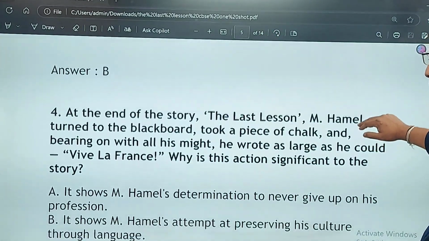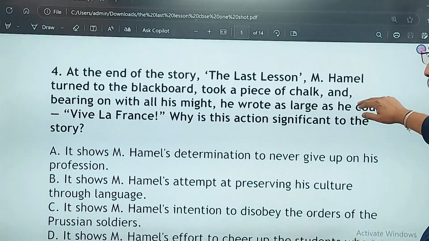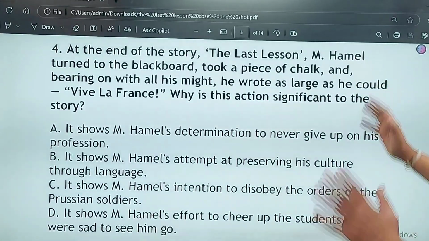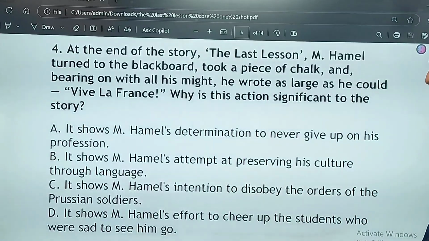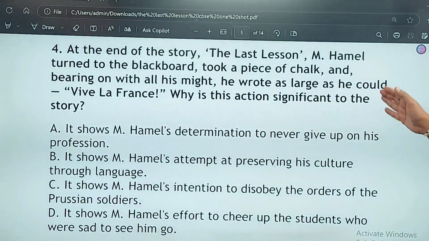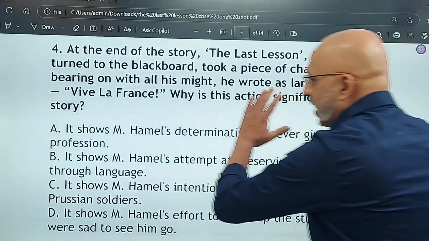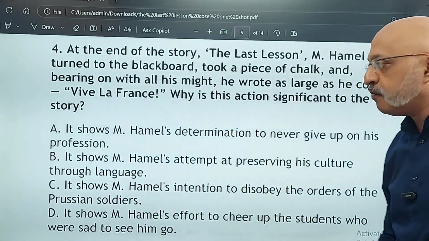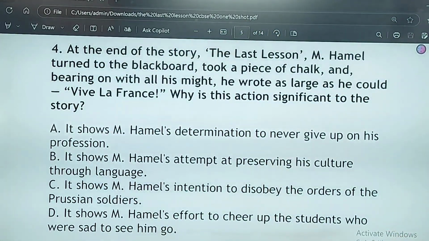At the end of the story, the last lesson, Hamel turned to the blackboard, took a piece of chalk and wrote. This is the last paragraph of the chapter. Why is this action significant to the story? Note the fact that he did that and wrote that on the blackboard. Why is it significant to the story? Does it show Hamel's determination? Does it show his attempt at preserving his culture through language?